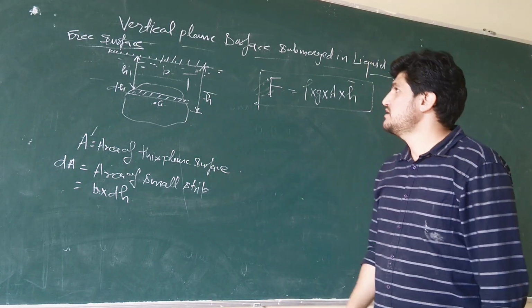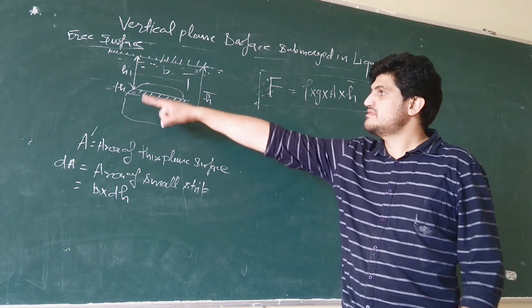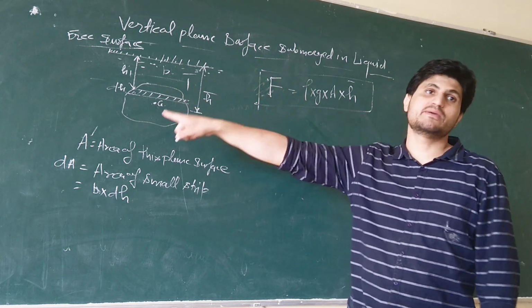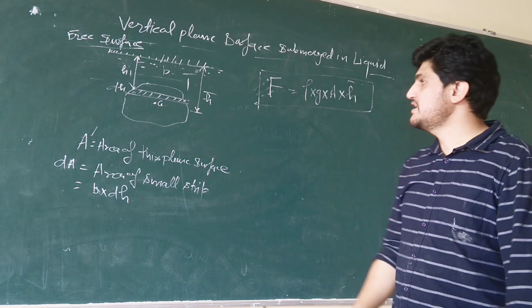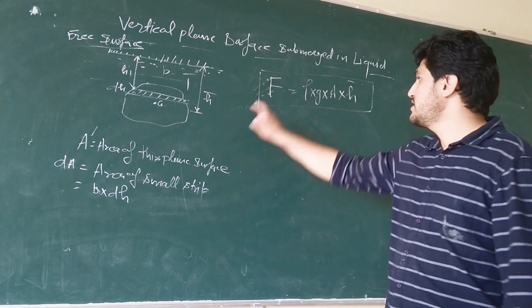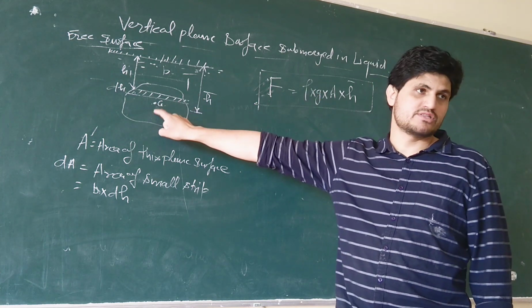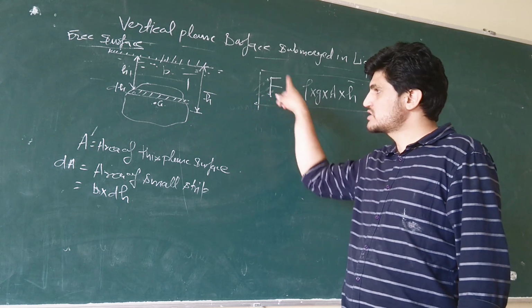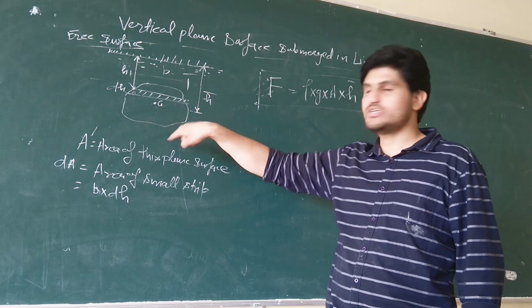Now here we are going to calculate at what point on this surface this force will be acting. Particularly, we are trying to find out the point where this whole force is acting on this surface. We are trying to find the exact point of this force, where it will act on this plane surface.